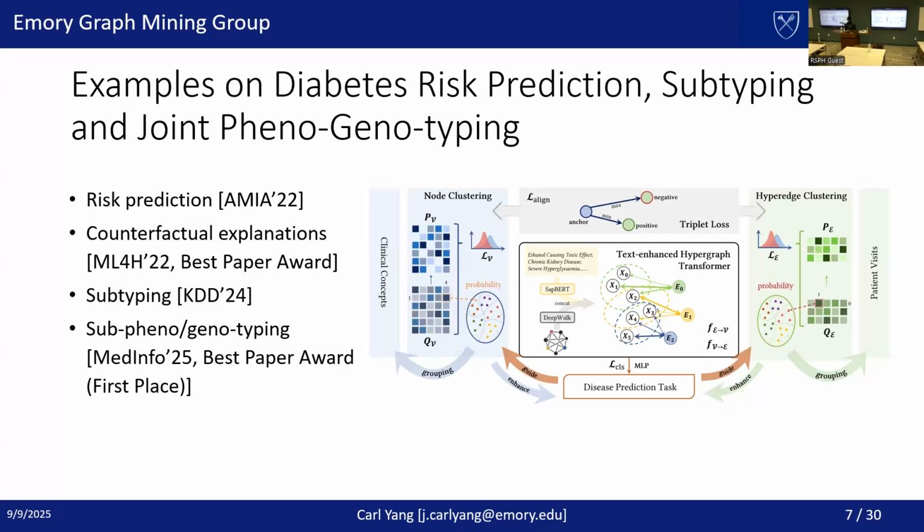So we want to find subsets of features that lead to subsets of patients, right? So basically, you have a subgroup of patients, and they will share some common features, right? So this naturally becomes a co-cluster problem on the two sides, right? So we implemented this co-clustering algorithm on top of the hypergraph model we built before, right?